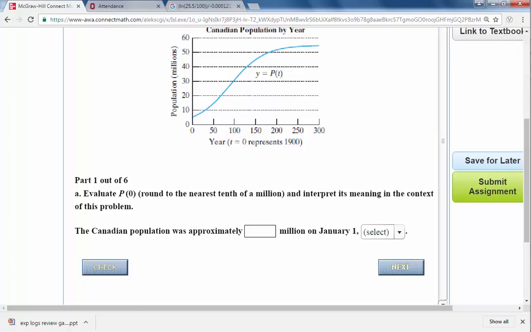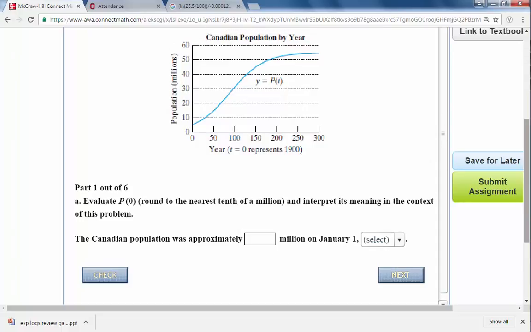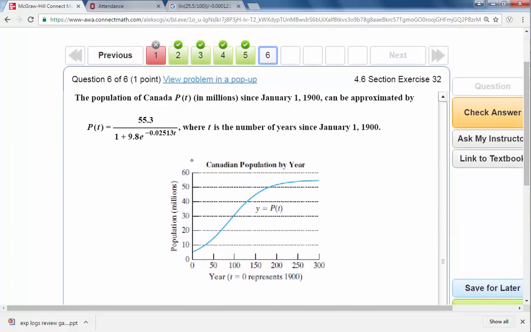So guess what we are going to use? How do you get the population of Canada in 1900, year 0? Take the formula, plug in 0 and compute.